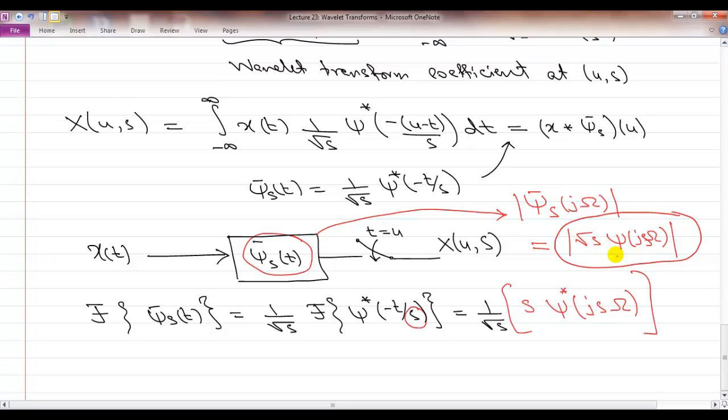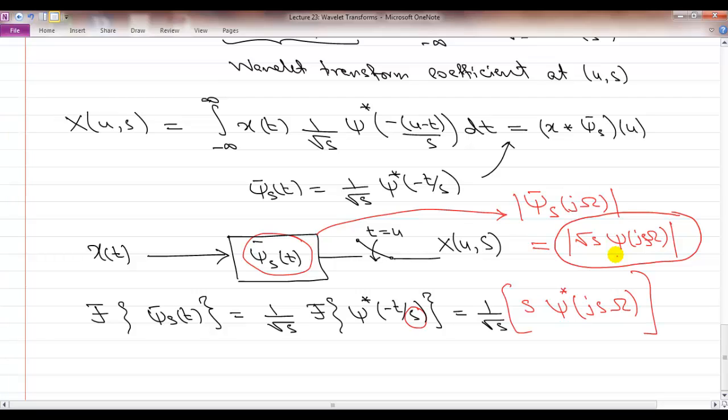So if the scale is very small, the bandpass filter is centered around very high frequencies. If the scale is very high, it is centered around low frequencies. That is all that it is doing. It is helping you figure out what the frequency of your signal is around that region.